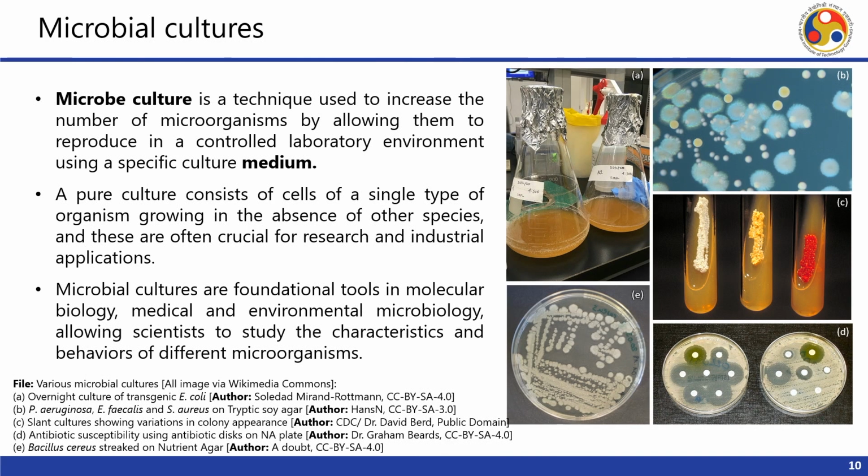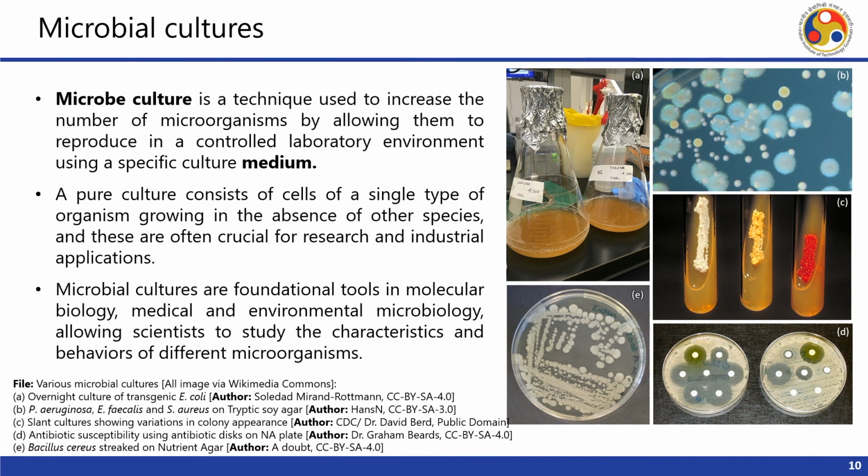So, in the figure, A shows the overnight culture of a transgenic E. coli, B shows the culture of Pseudomonas aeruginosa, and it also has some cultures of E. faecalis and Staphylococcus aureus on tryptic soy agar.